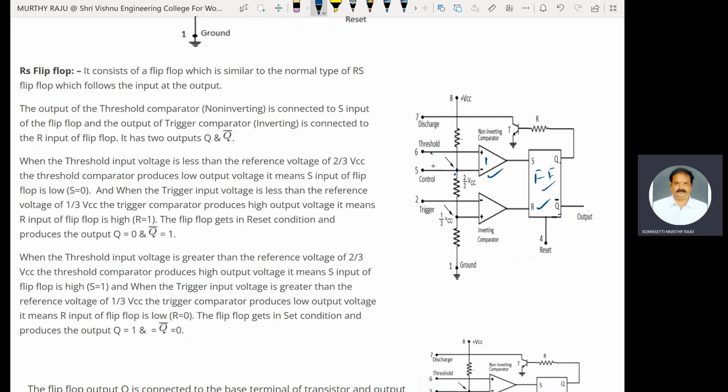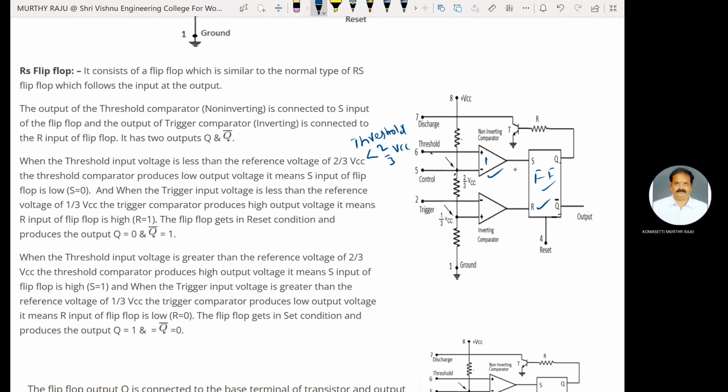The threshold is at the positive terminal, the low value, while 2/3 VCC is the high value.